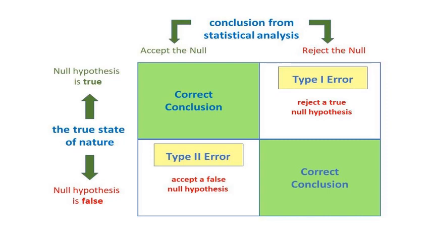When the prosecution was not able to present enough evidence and the decision of the judge is, yes, you are really innocent, that is a correct conclusion. But if the person is innocent and yet the judge convicts him of the crime, then that is what you call a type 1 error.